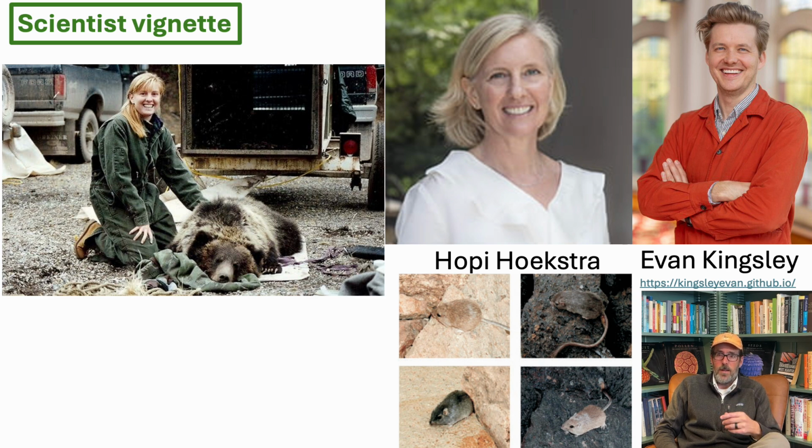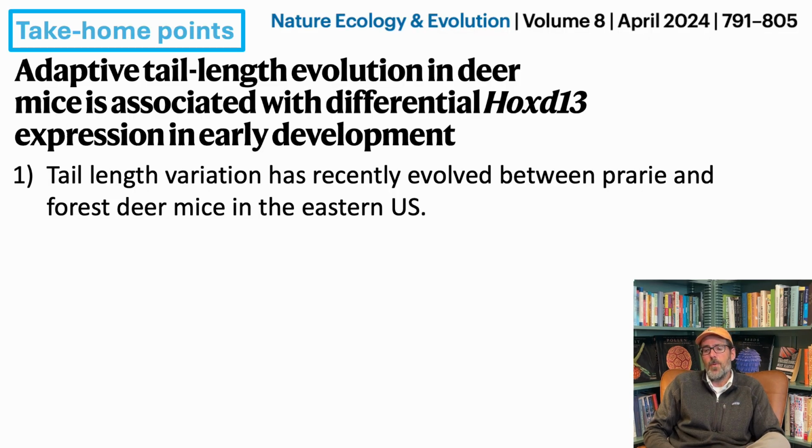So with that, I'll get started here with my take-home points from this paper. I always like to have like 4 take-home things for my students, things that you can really just take to the bank. I always start with a really general one, that tail length variation has recently evolved between prairie and forest deer mice in the eastern US. This has been pretty obvious for a long time.